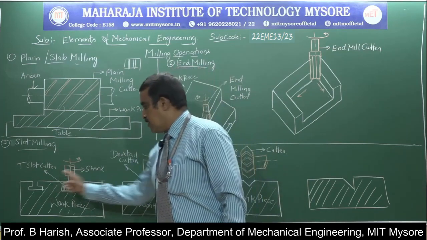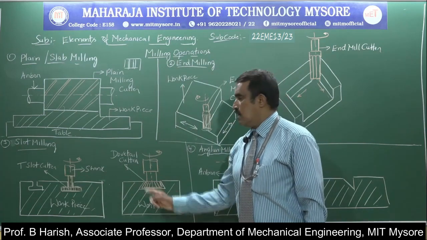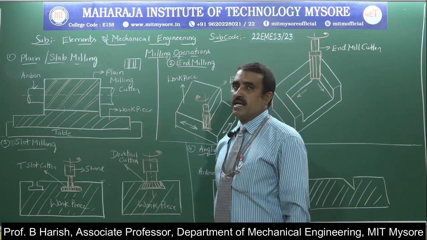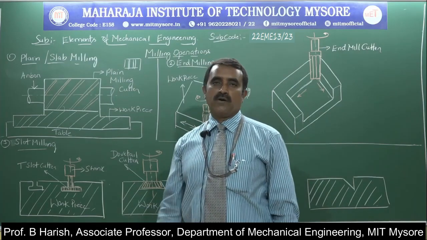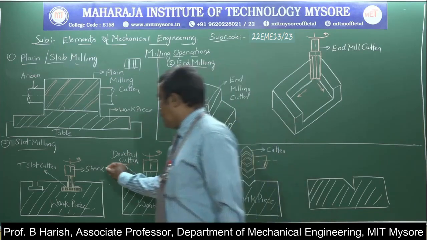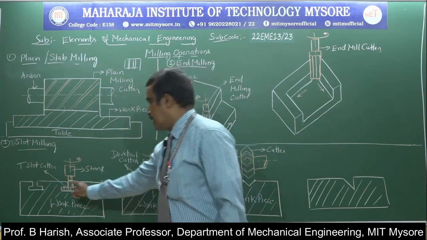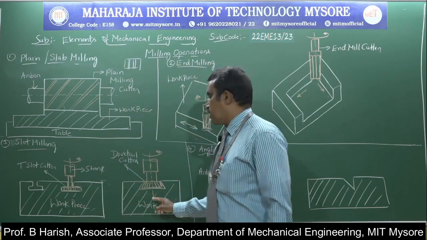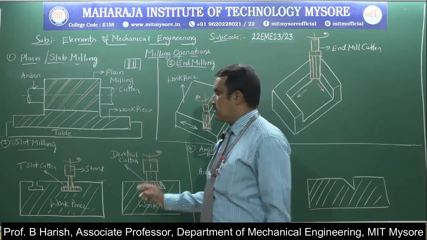Here, if you observe the sketch, two sketches are shown. It shows that the cutter is in the vertical direction, which means it is performed on a vertical milling machine. This figure shows cutting T slots. This figure shows cutting dovetail slots.